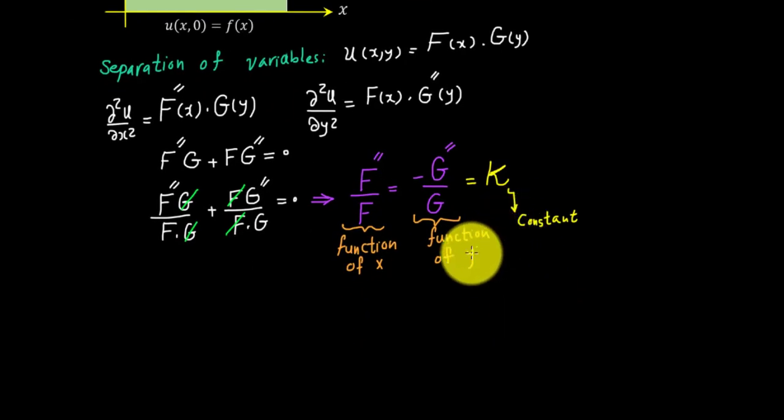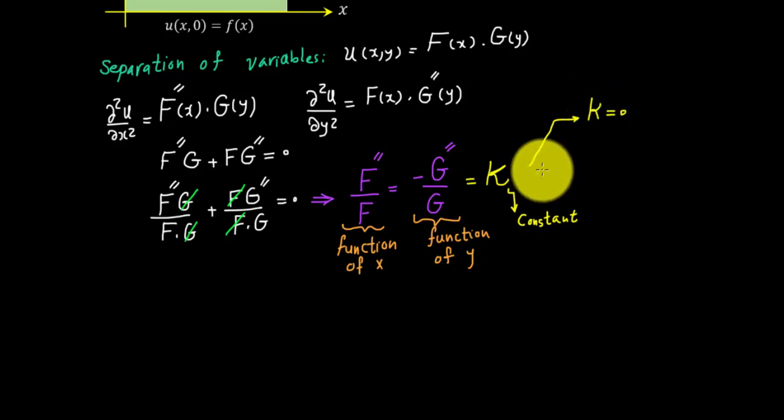So for these constants, we could have three scenarios. One scenario would be that the k is 0. The second possibility is that the k is a positive number.